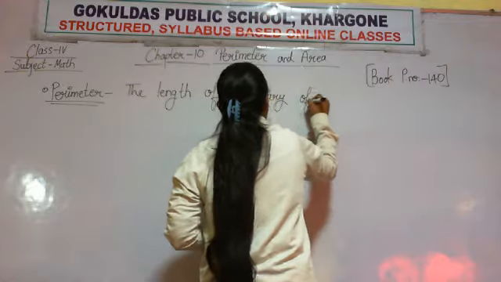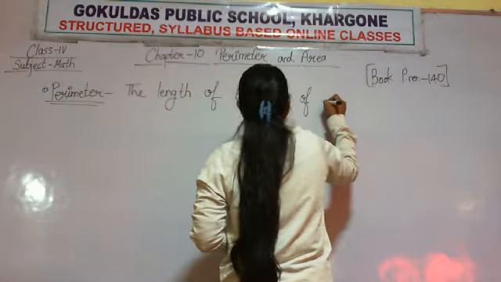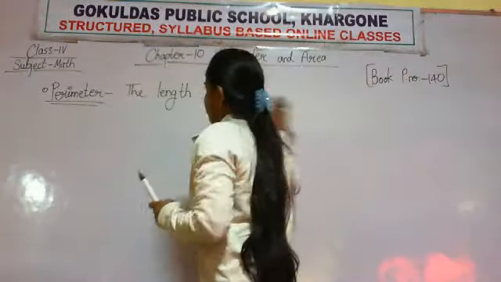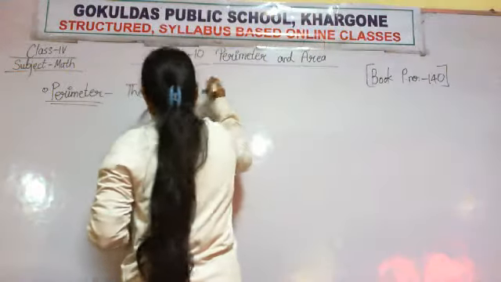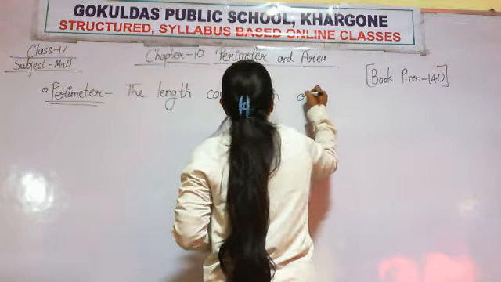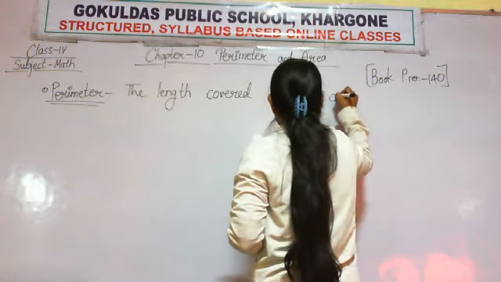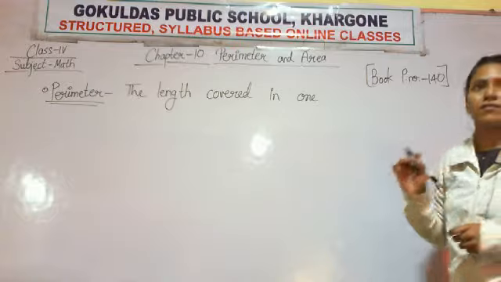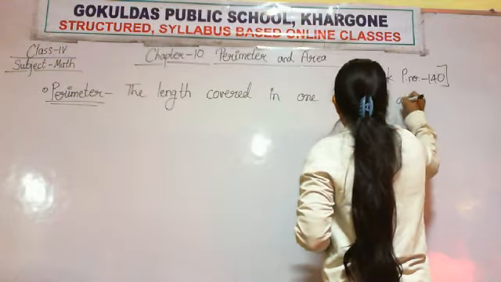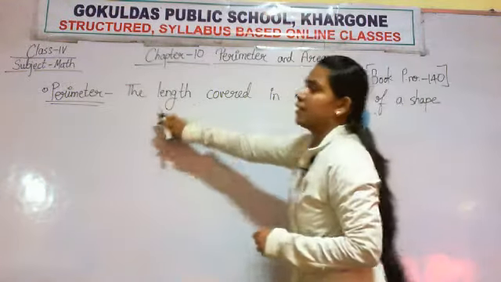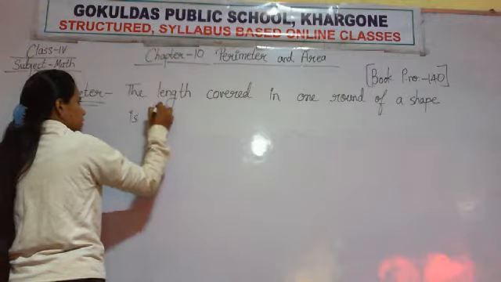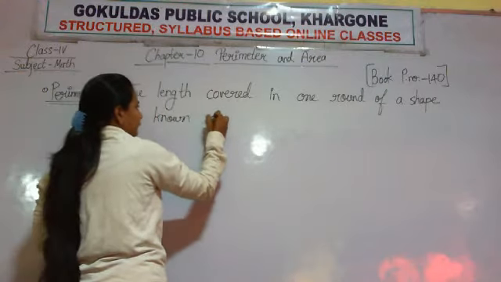What is perimeter? The length covered in one round of a shape is known as perimeter.